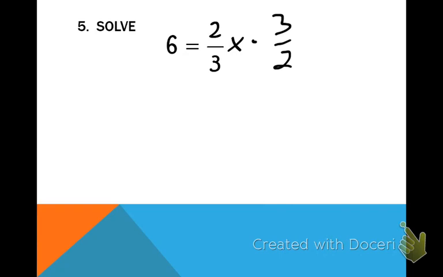We've got to find some way to make that 2/3 into a 1. When we multiply by the reciprocal, we know that reciprocals, when you multiply them together, always give you 1. 2 times 3 is 6, 3 times 2 is 6, 6 divided by 6 is 1. So multiplying by the reciprocal here means we have to multiply by the reciprocal over here, right, Naomi?